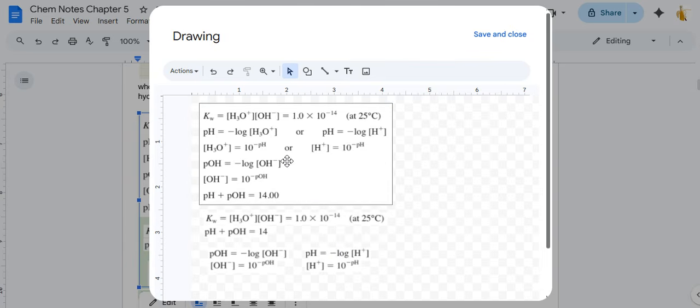So yeah, it's just a way I organize it. And these two are also the same thing, just written in a different way. And also H plus and H3O plus are used interchangeably, so it's kind of the same thing as well.